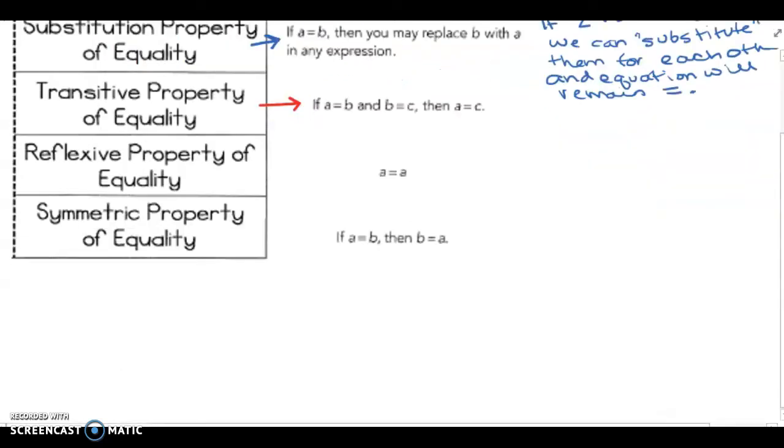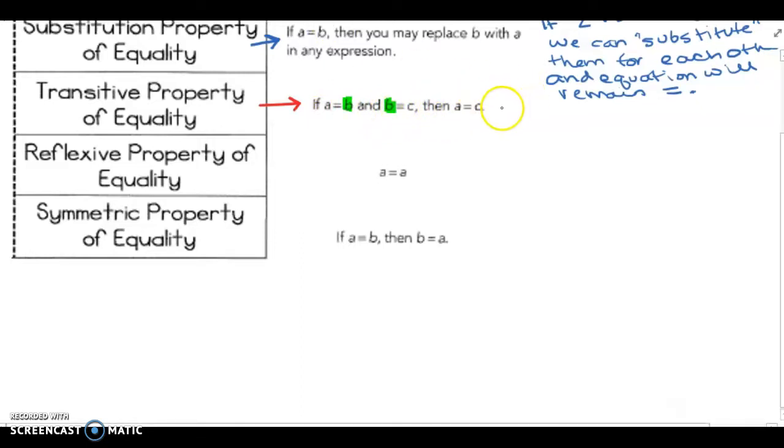All right, now let's look at the transitive property of equality. So when we open the flap, this is what we get. If A equals B and B equals C, then A equals C. So notice we have a B here and a B here, okay? So both A and C are equal to B. So if A and C are equal to B, then they have to equal each other.